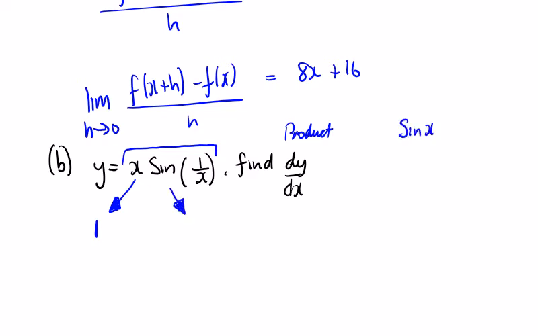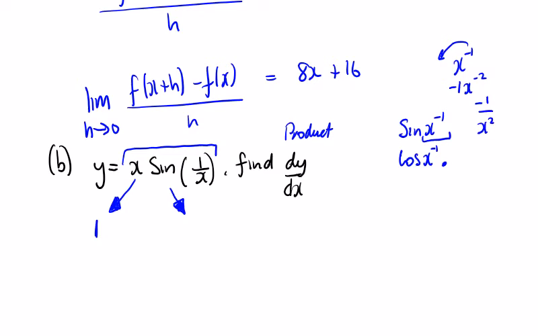This is sine x to the minus 1. So sine x to the minus 1 goes to cos x to the minus 1 times the differentiated angle. So x to the minus 1, bring the power in front, goes to minus 1x and reduce the power by 1, minus 2, which is the same as minus 1 over x squared.